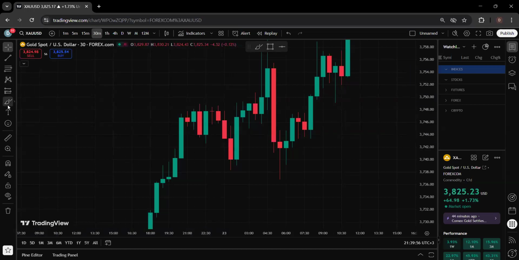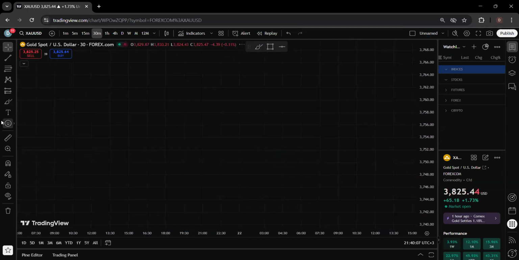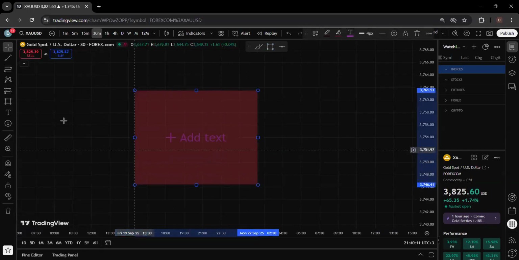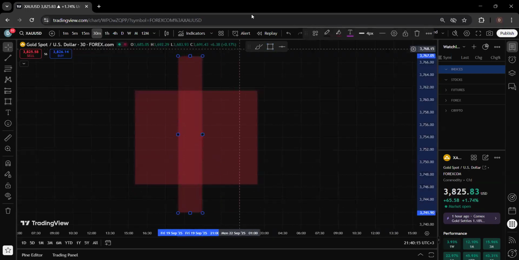So for us to identify this consolidation, George, this is a consolidating market. So how do we identify a consolidation? Remember, guys, we've talked about the wicks of a candlestick, and we said a candlestick has three major parts. Don't mind which candlestick this is, whether it's a bullish or bearish candle.